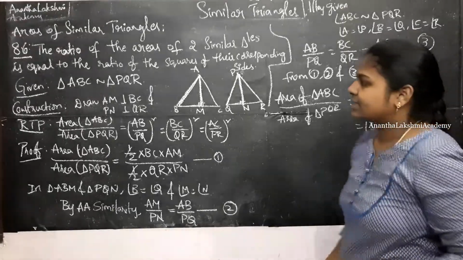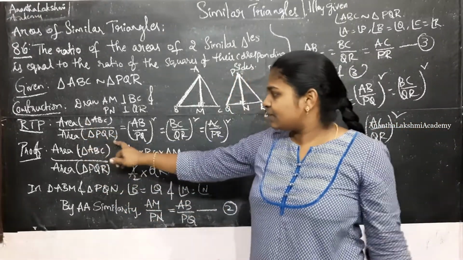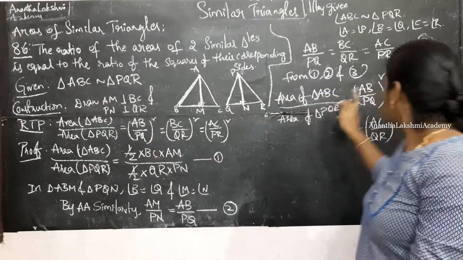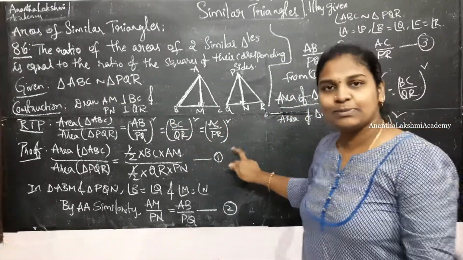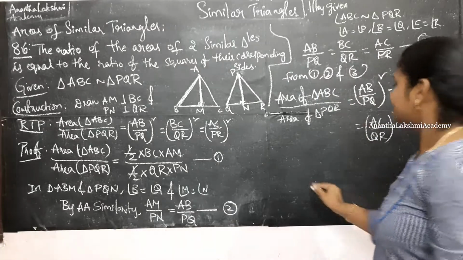So look at this, area of triangle ABC by PQR is equal to AB by PQ whole square equal to BC by QR whole square equal to AC by PR whole square. Hence, proved.